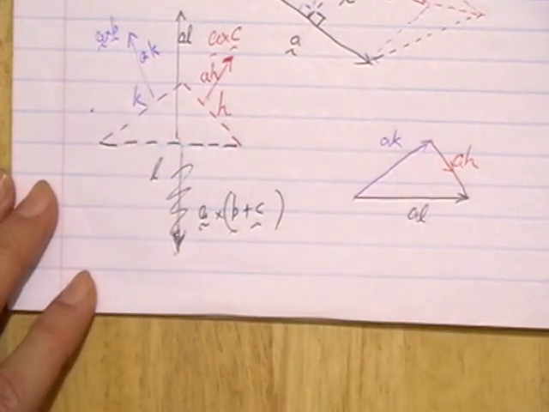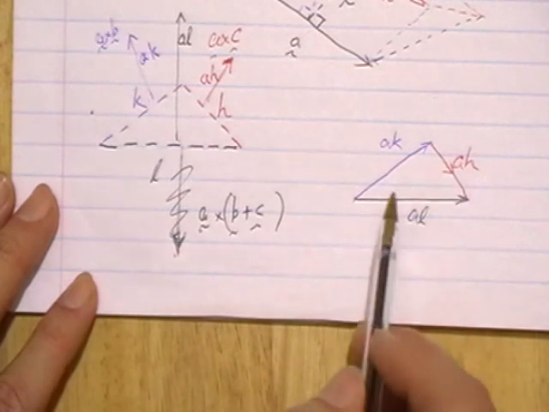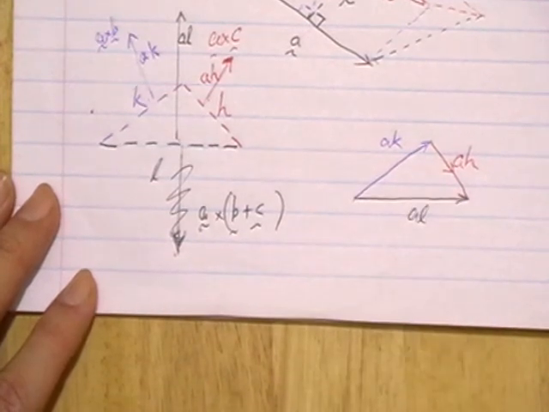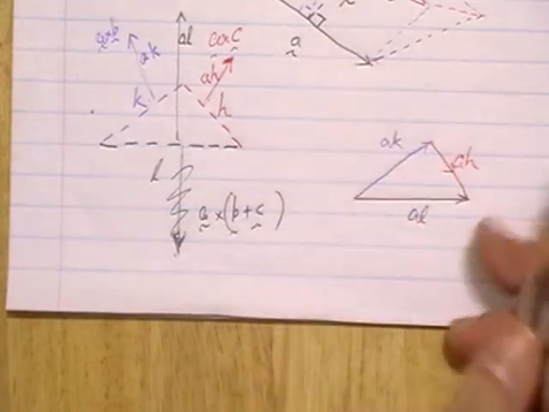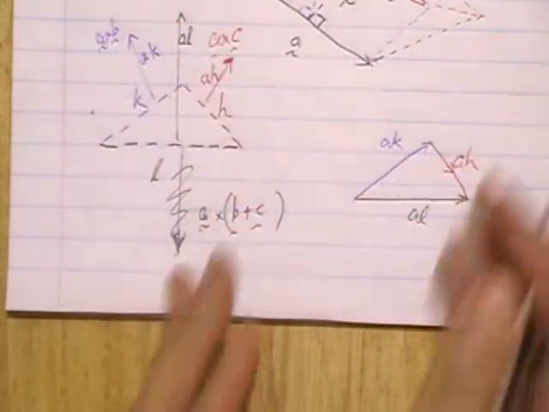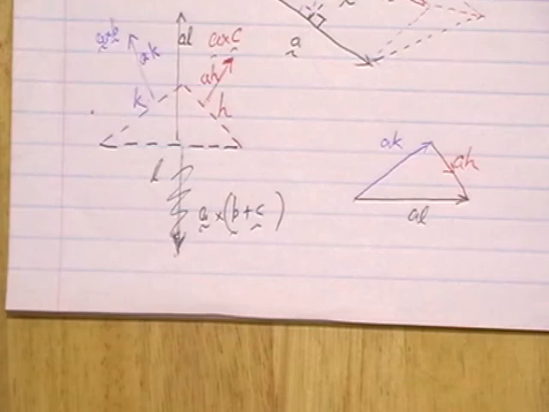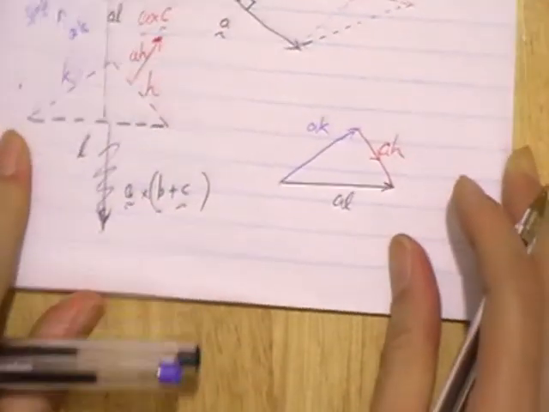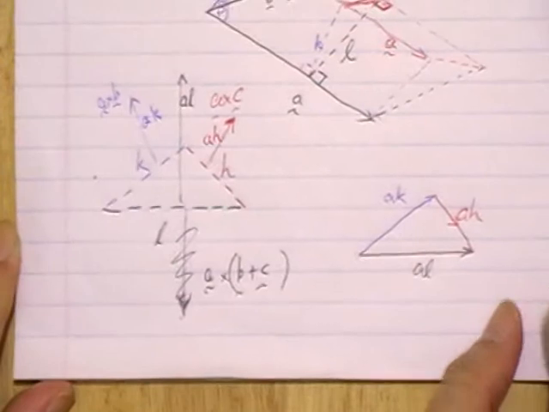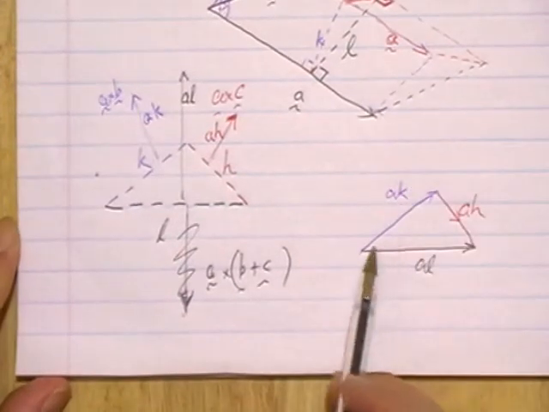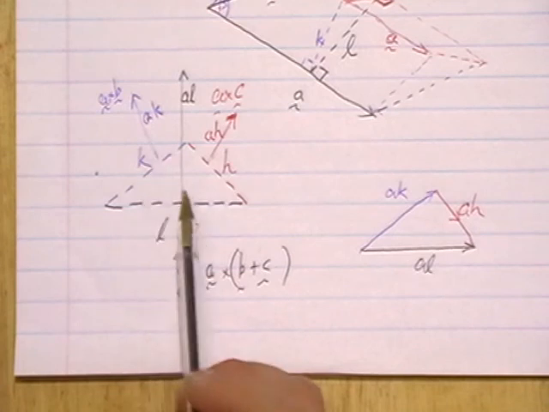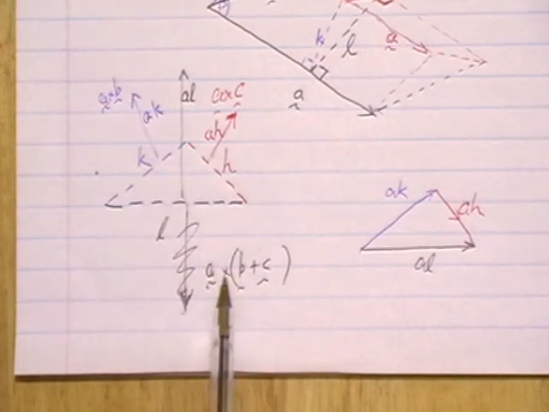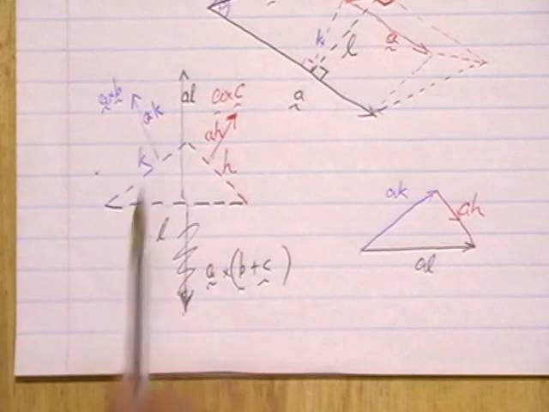Therefore, they form a closed triangle. And if they form a closed triangle, now let me rotate it. Take this and rotate it back by 90 degrees. If I rotate this back 90 degrees, those arrows will be pointing in the directions of the vectors of each of these cross products.